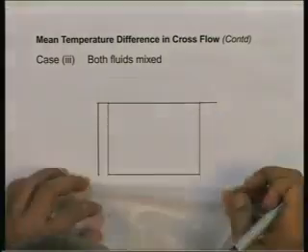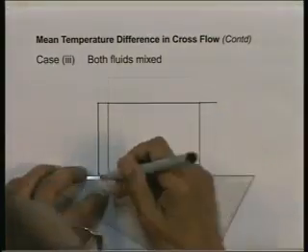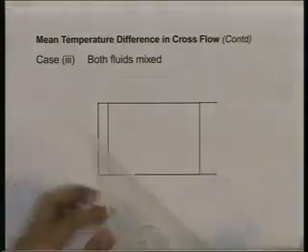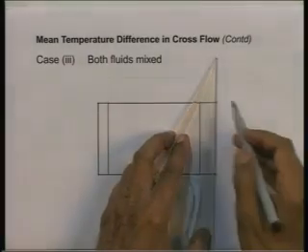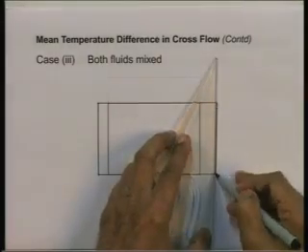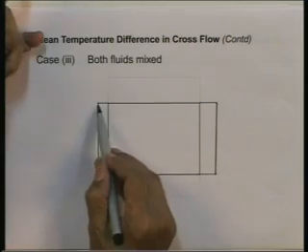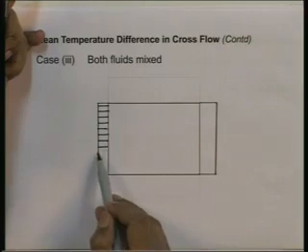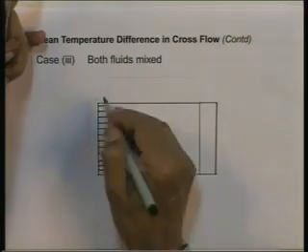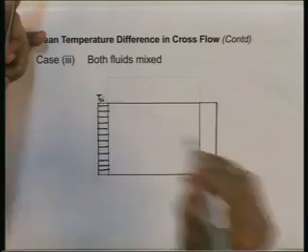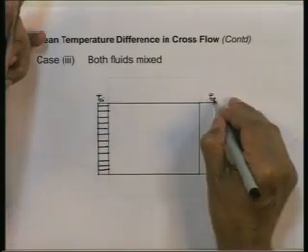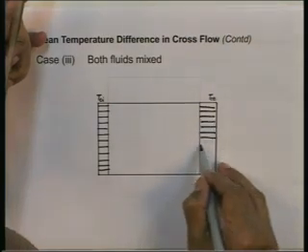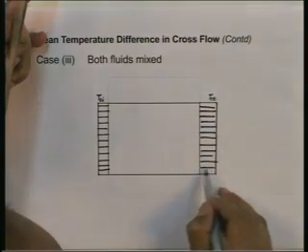So, I am going to have now a temperature profile because of the mixing on both sides, which is something like this. So, this is TCI, this is TCE, also uniform because mixing is taking place on the cold side.